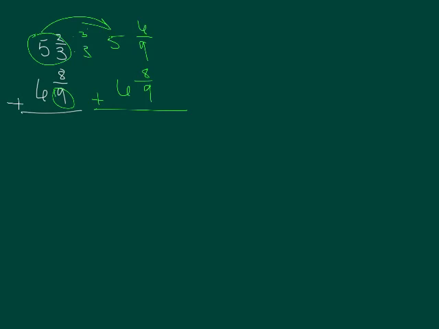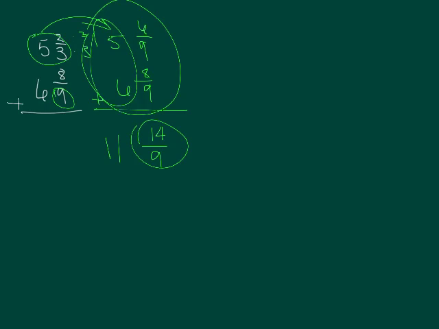Now we add these together. 6 plus 8 is 14, and that's over 9. And 5 plus 6 is 11. Again, this is improper. We don't like that, so we have to change it to a proper fraction. When the numbers are small like that, you don't have to do the 14 divided by 9 like I do over here, because you can already tell that 9 goes into 14 once with 5 left over.